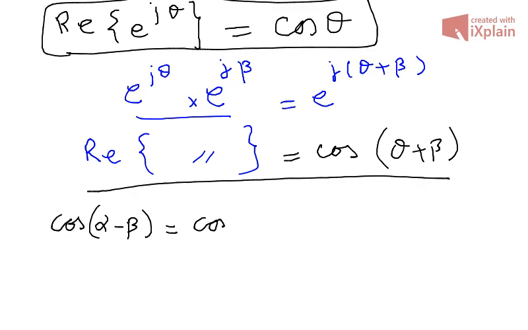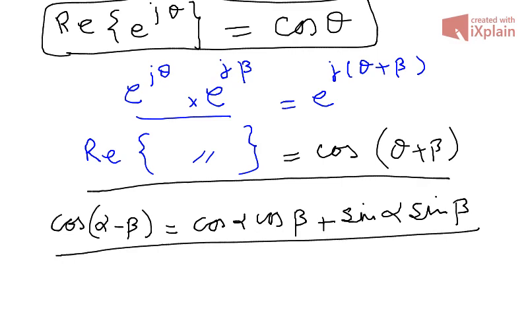This is cos alpha cos beta plus sine alpha sine beta. So this trigonometric identity will also be helpful for today's lecture. Now let's go back to our signal, and let's see how our signal is represented.